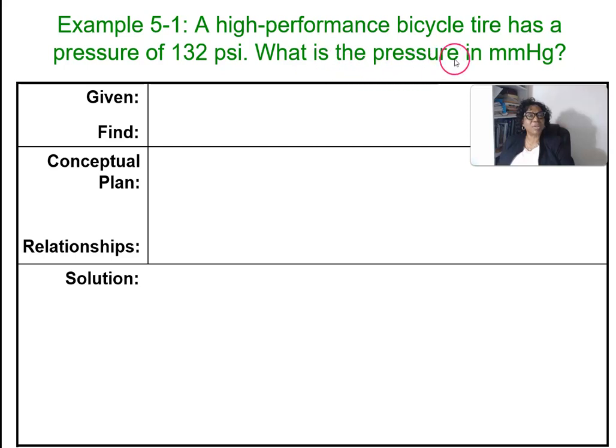What is the pressure in millimeters of mercury? If you notice, all our conversions were to atmosphere. So what you have to do is convert pounds per square inch to atmosphere, then to millimeters of mercury.